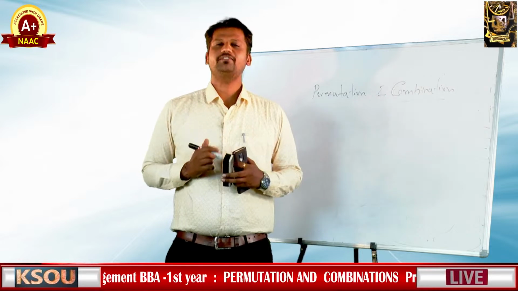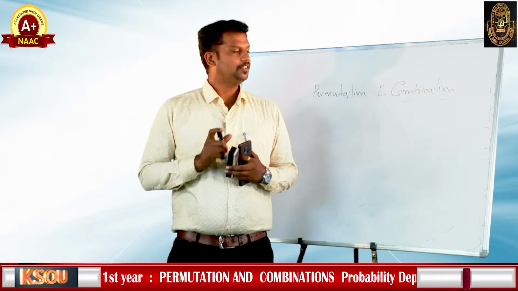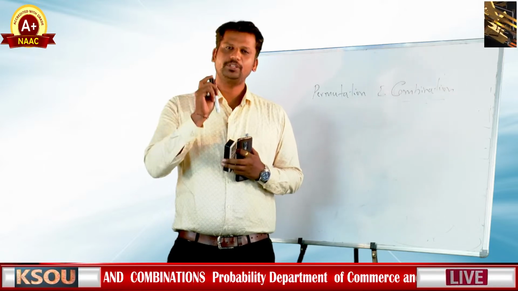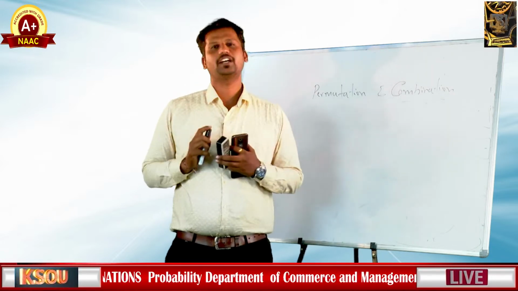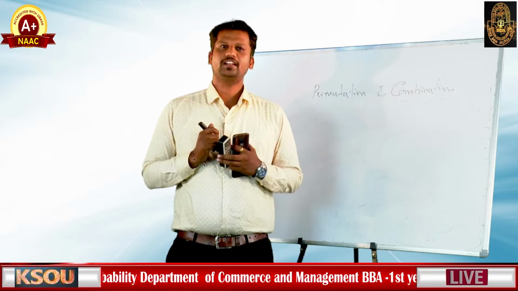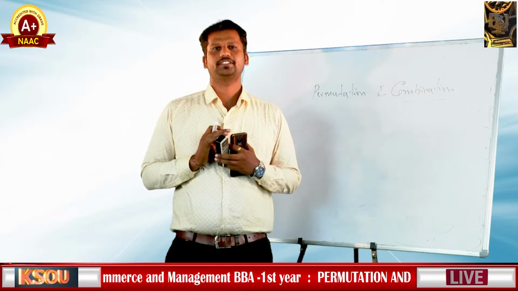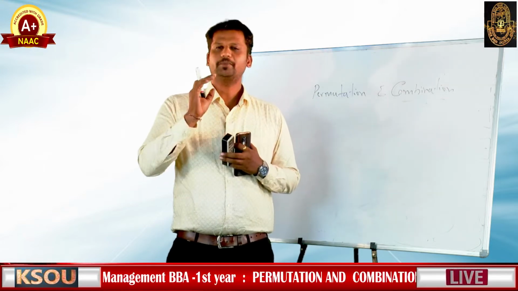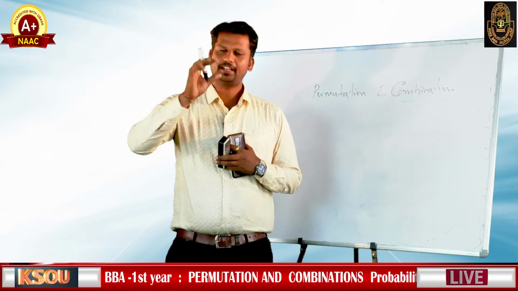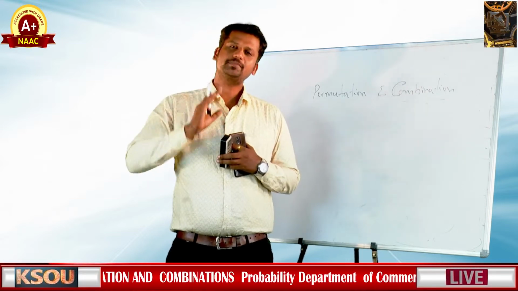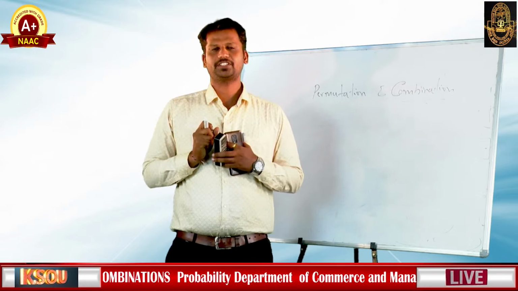So today we continue the class, first BBA, second semester, quantitative techniques, unit number 7, permutations and combinations. Yesterday we explained the concept of permutations and combinations. You already know permutations means the arrangement of elements, and combinations means the selection of elements.